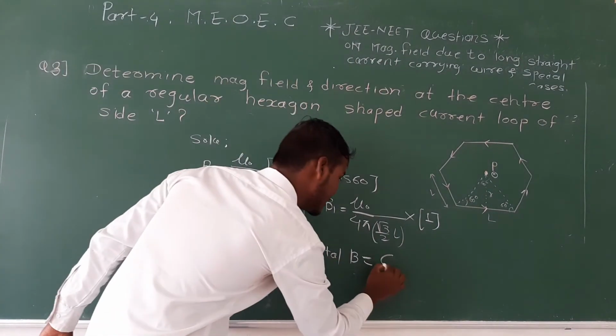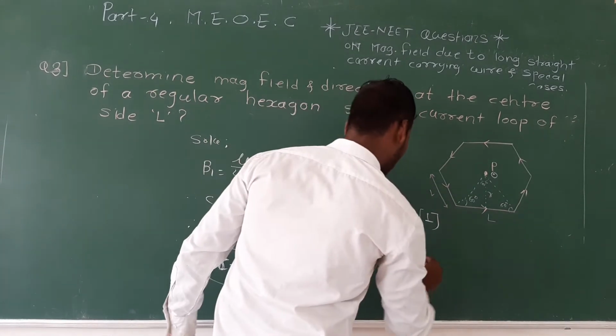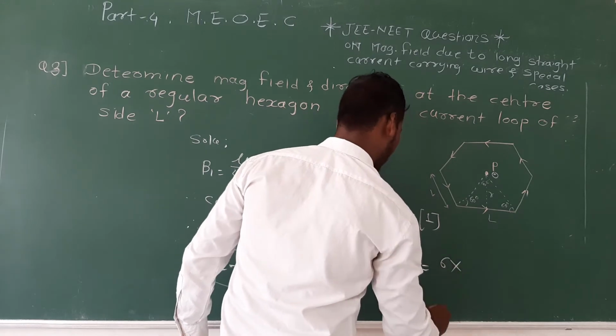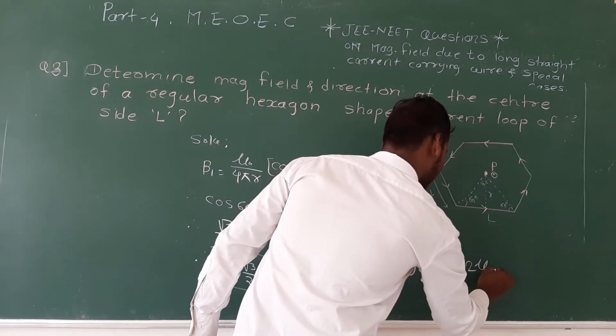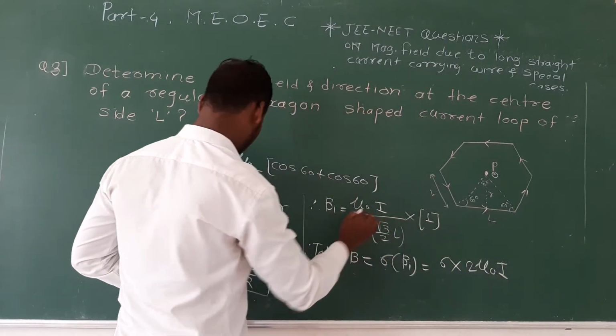So total B will be 6 into B1, which will give us a final result of 6 into 2 mu 0 into I. We forgot to give the current also. That's it.